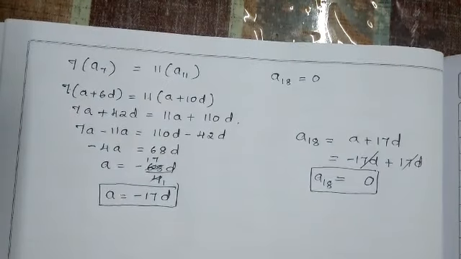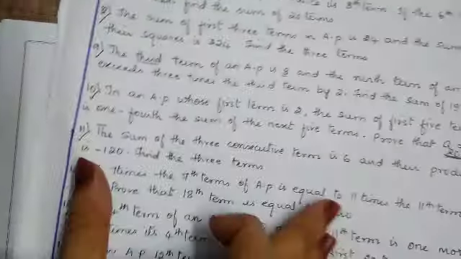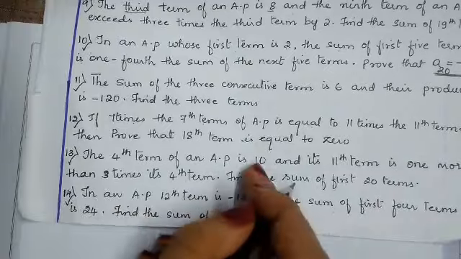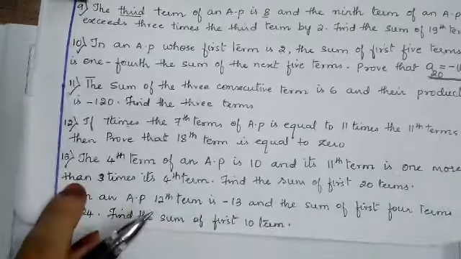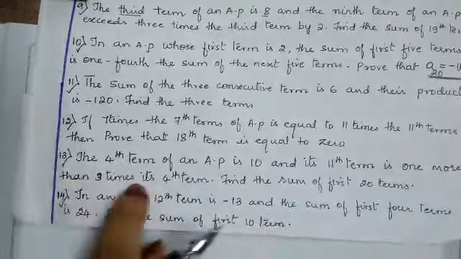The next question is, we feel the questions are very difficult, but if we solve them, we feel they are very easy. So you have to understand it well. So question number 13. Let us see question number 13. The fourth term of an AP is 10 and its 11th term is 1 more than 3 times its 4th term.